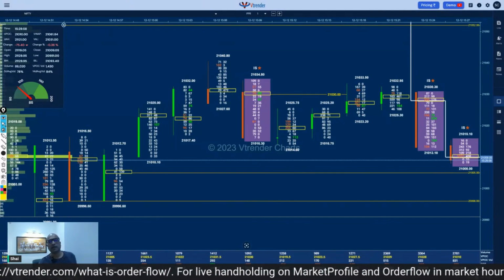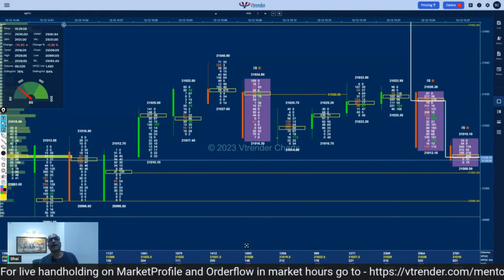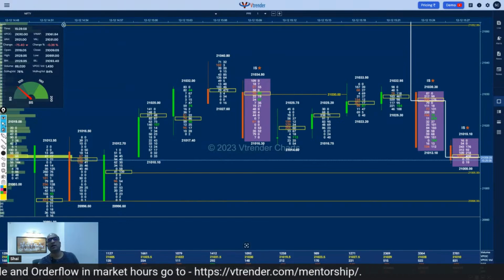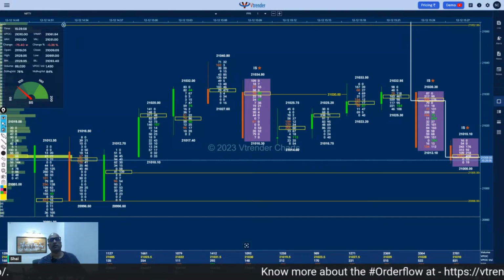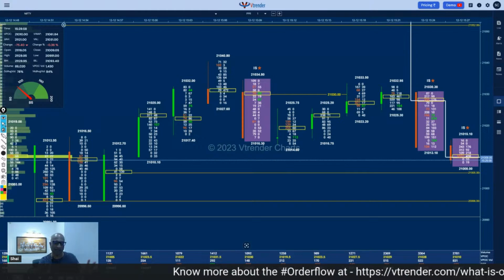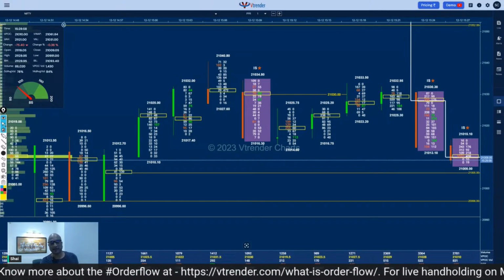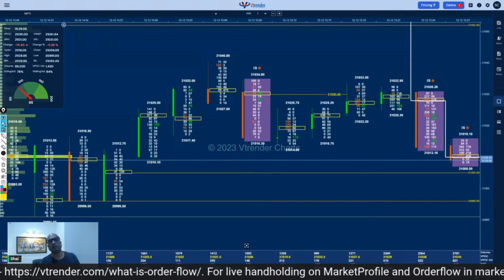Order flow is putting the market under a microscope, and you're seeing in that microscope what is actually happening at the granular, micro level of the market. You will never get about 100 bars or 1,000 bars on one screen. You will at the most have about 6, 7, 10 bars to look at, and you're looking to see what the market is doing on that micro side of the market.